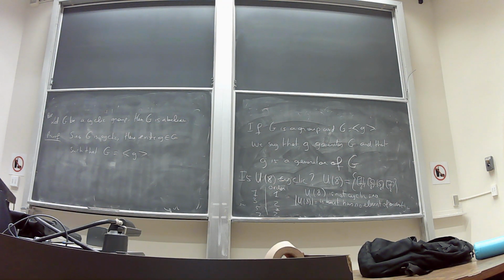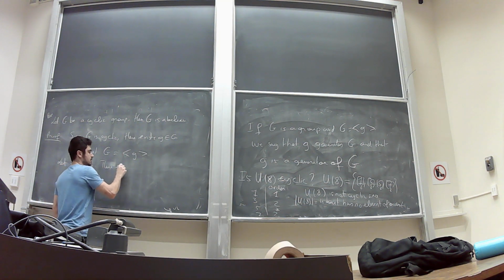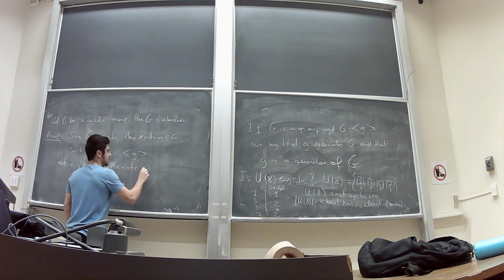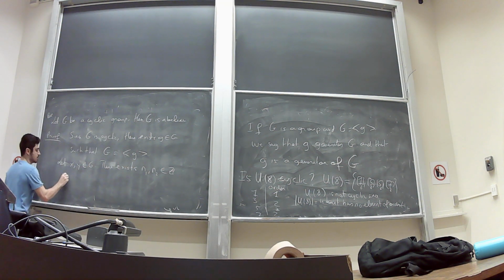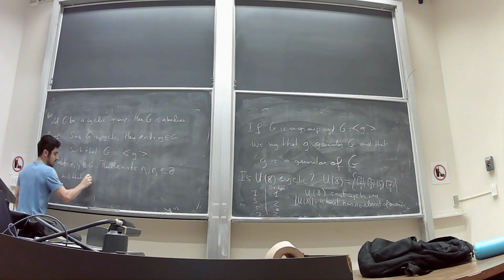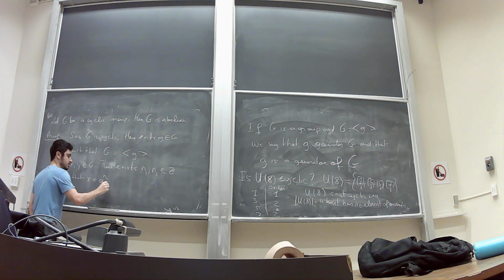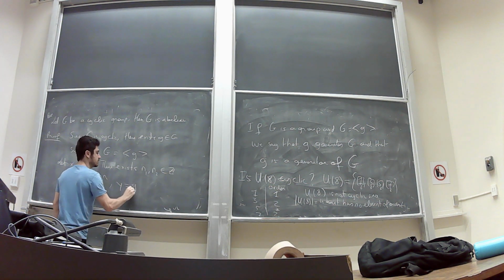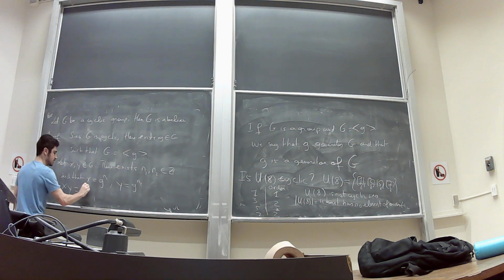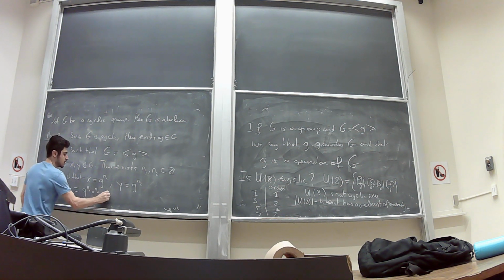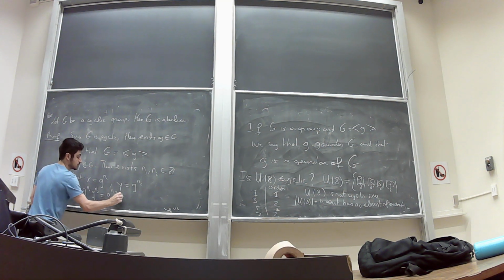Now, let x and y be in G. There exist n1 and n2 in Z such that x is equal to g to the n1 and y is equal to g to the n2. Now what is xy? xy is g to the n1 times g to the n2, which is g to the n1 plus n2.